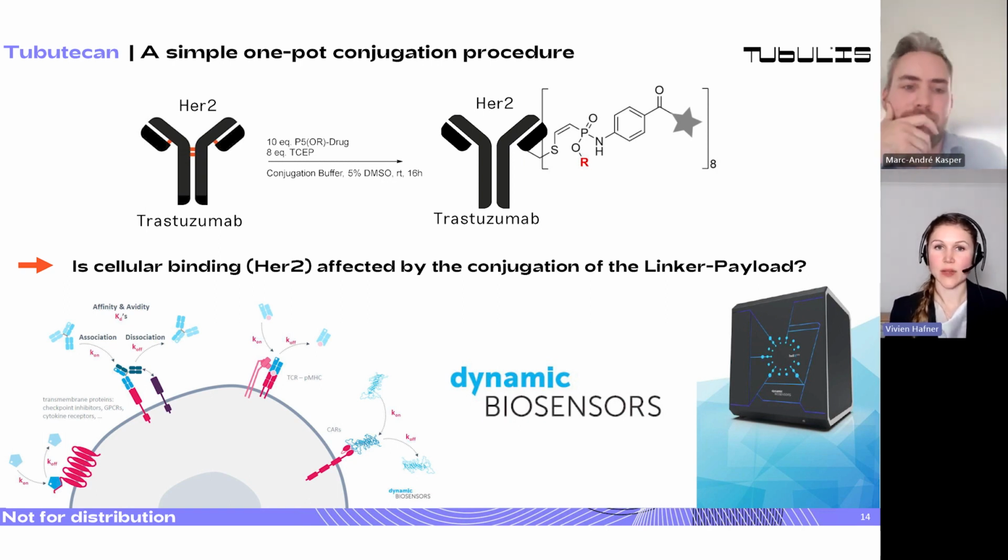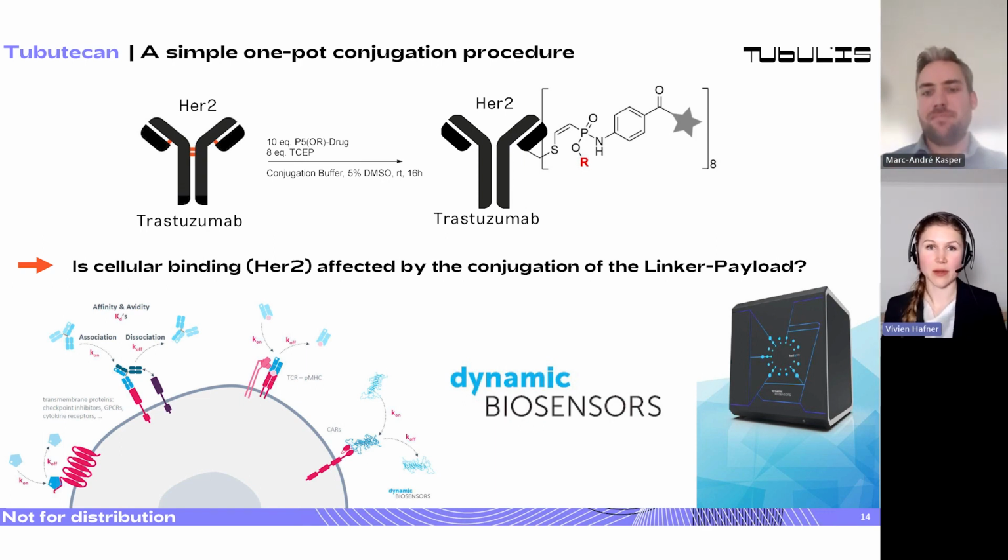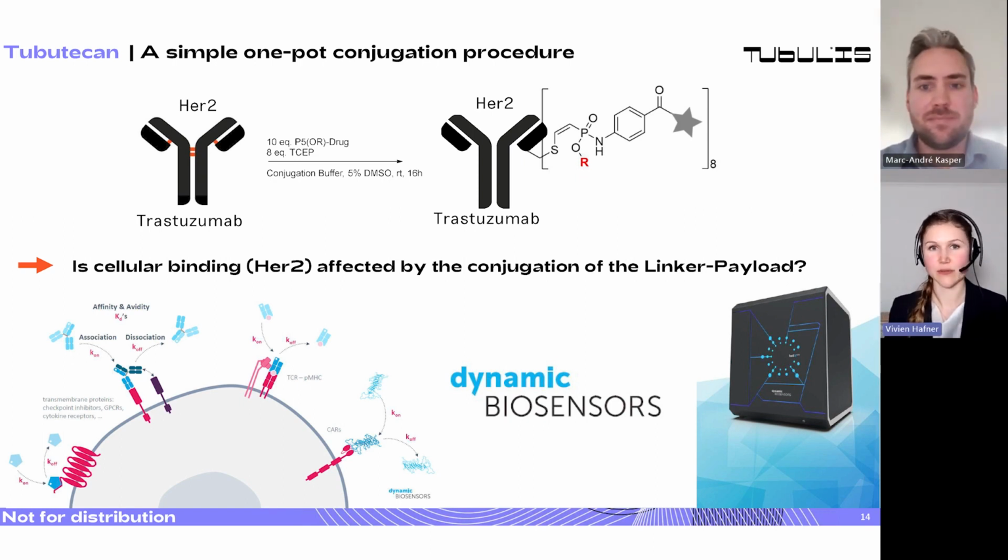So we cannot really differentiate whether something is just binding very strongly or whether it's internalized. So I can't really tell you much about this for now, but we are working on dual color assays at the moment, so you can measure in two colors. Then you can play around with pH sensitive dyes to really differentiate between internalized antibodies versus antibodies bound to the surface. So that's definitely something that's very interesting for us too.